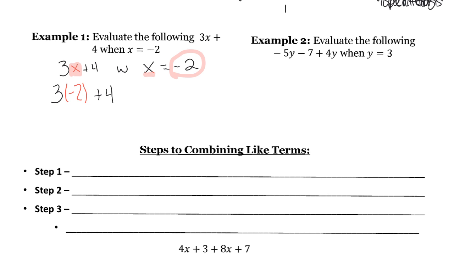What is 3 times -2? Well, it's -6 plus 4, and then -6 plus 4 is going to be -2. So what we just did is wherever it told us what x was, we plugged that in anywhere we saw x, and then we evaluated it. So we simplified that problem.